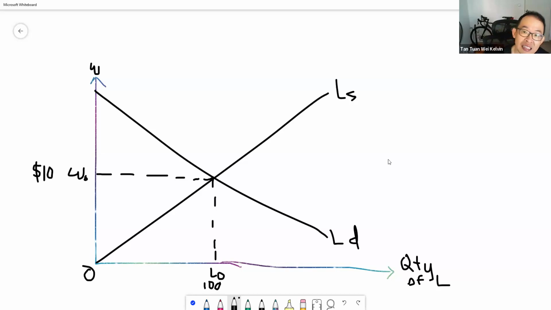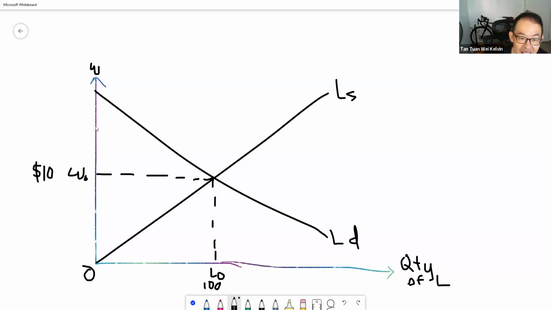Before the minimum wage, the firm's wage expenditure, remember in this case the firms are the demander of labor and the workers are the supplier of labor, so the wage expenditure here refers to the firms. They spend $10 times 100. So the rectangle there is the wage expenditure.